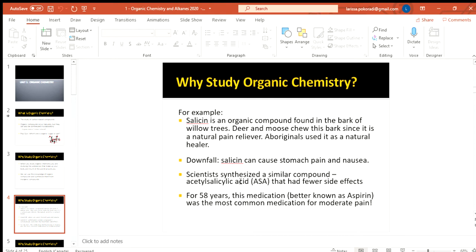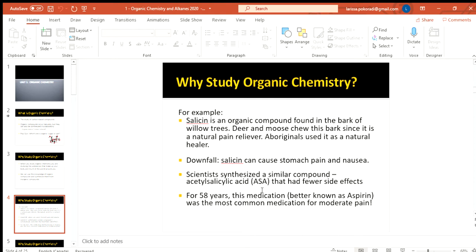ASA might sound familiar, just because this is the main medicinal ingredient in aspirin. So you may have seen it on some pill bottles in your medicine cabinet. It has a very similar structure to salicin, with a few extra atoms attached to it. We'll see it later further into the unit.